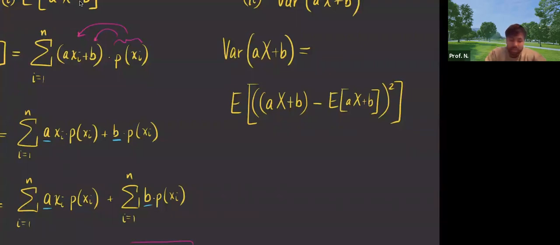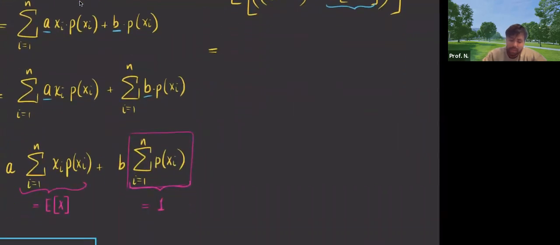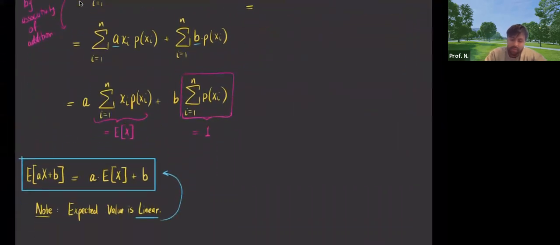Now, why is this good? Why is this good? So I'm using definition 1, okay? Why is this good? Don't we know what this is? What is that? The expected value of ax plus b, isn't that exactly what we just found here?